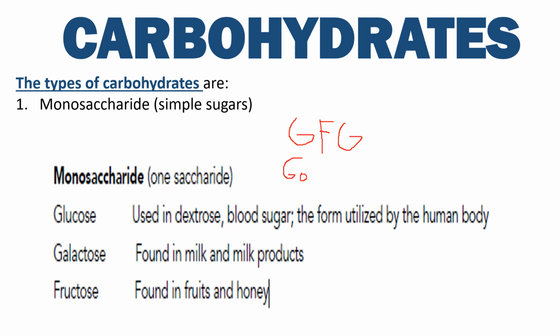We have here "Go for Gold," one of our most famous yells. Go for gold. Remember these terms and this mnemonic: Go for Gold, or the glucose, the fructose, and the galactose.